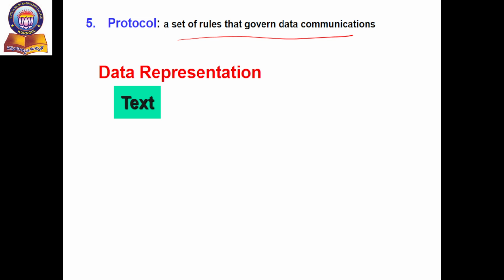That means we need to follow the set of rules when doing any communication. So what does this set of rules consist of inside these protocols? One is syntax, semantic, and one more is standard. Syntax, semantic.